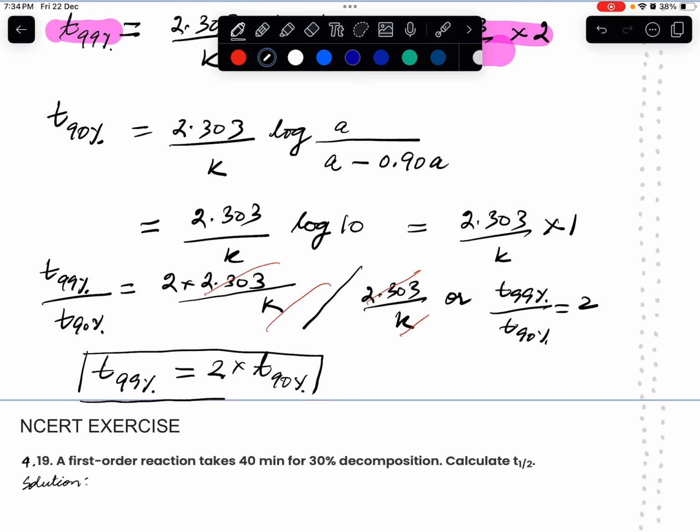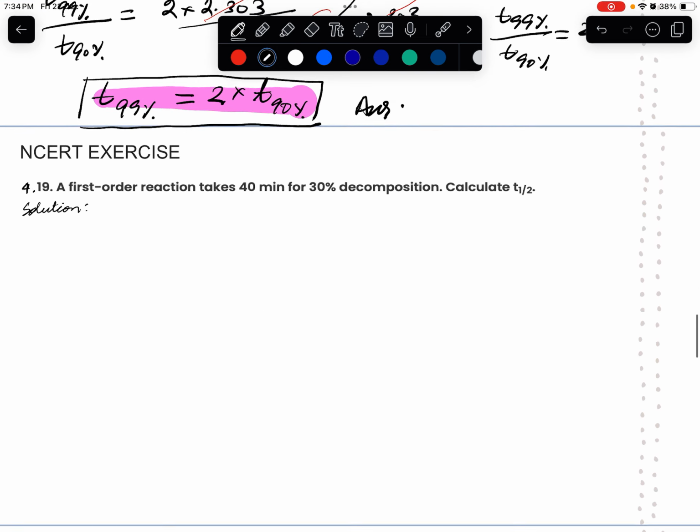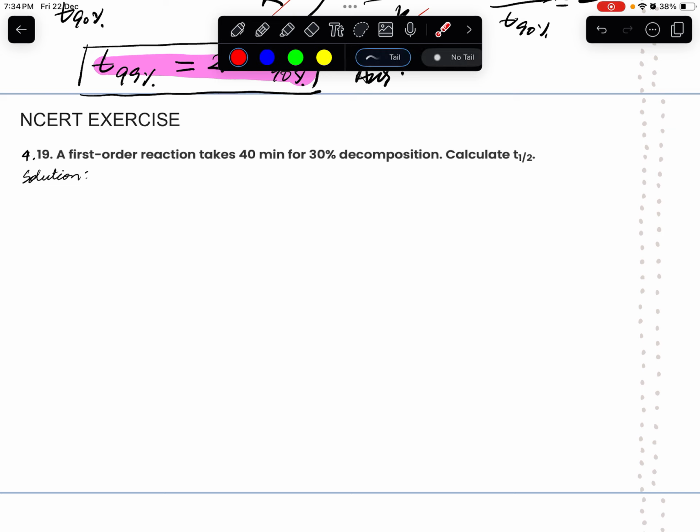That is, the time taken for 99% completion is just double the time taken for 90% completion. This is the answer.